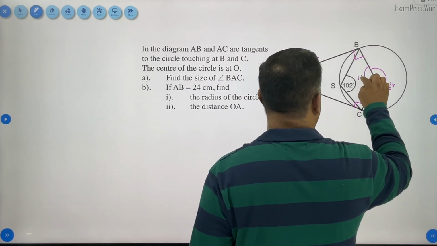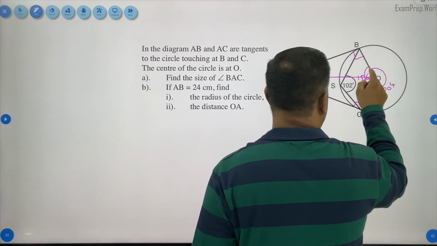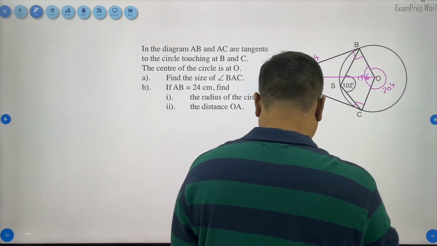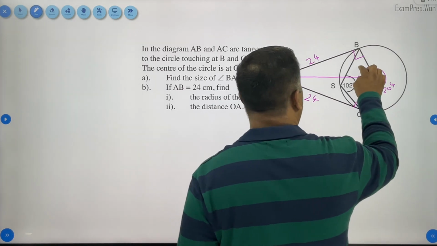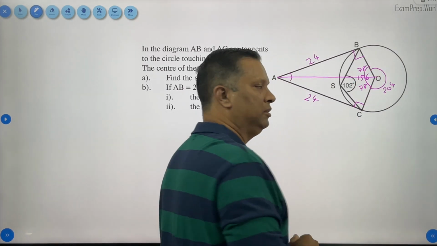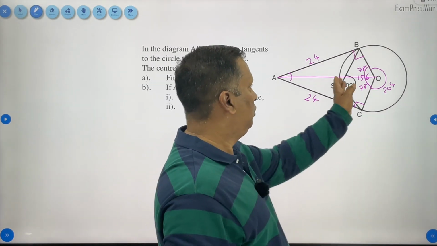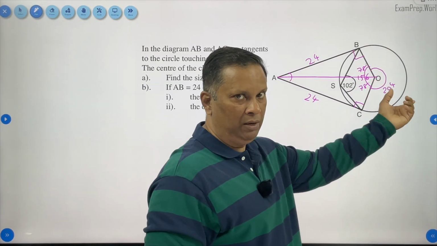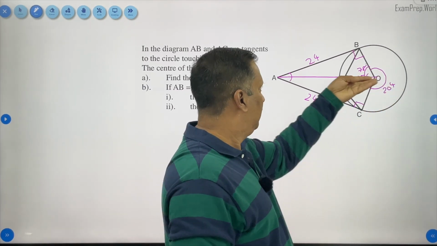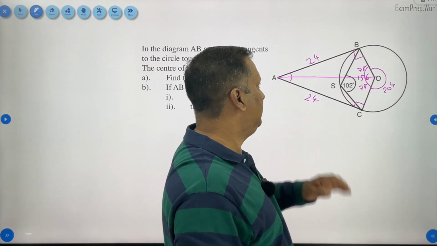Inside it is 156. Now draw a line straight from here to here. So 156 divided by 2, each angle is 78, and this is also 78. Easy to understand. Because this was 102, the angle at the center will be double, 204. Because it is 204, the inside we got 156, and then I divided the shape into two equal congruent triangles, 78, 78.